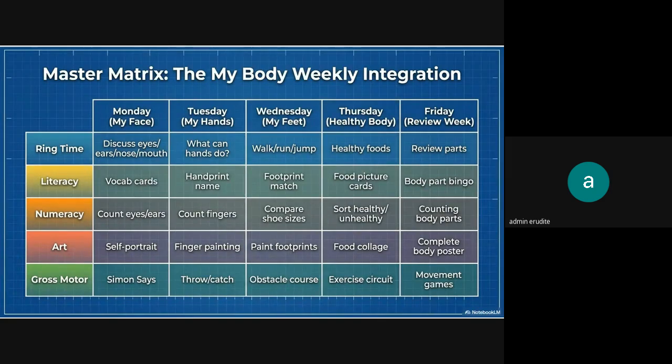Literacy is one of the areas where you can play the most because you can do story time and run that story over a week with your theme and your extra literacy work. It's quite a nice thing. And then we're looking at numeracy. Like I said, you don't need to count the eyes or the ears.